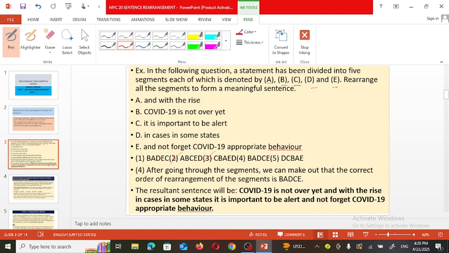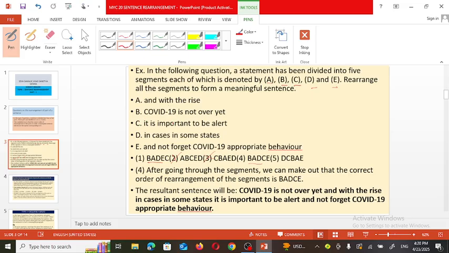Okay. So when we are discussing this BAD, here in the first option and in the fourth option, you are able to see the same arrangement, BAD. And the last two parts, we have to rearrange them so that a meaningful sentence can be formed. Let's continue the sentence.